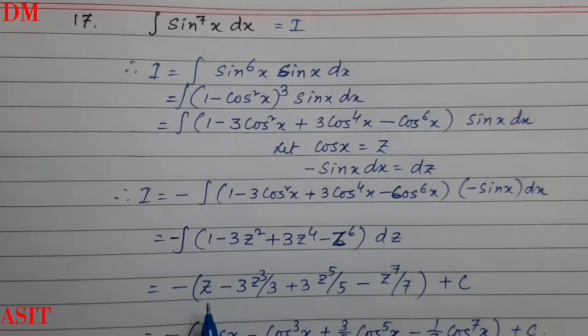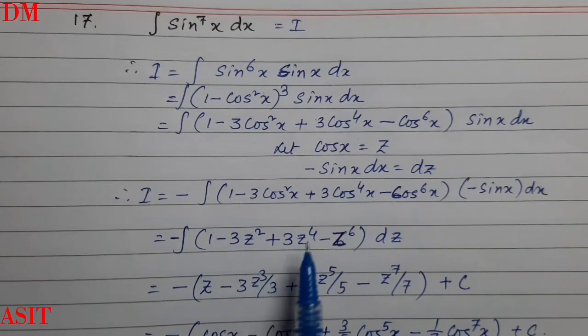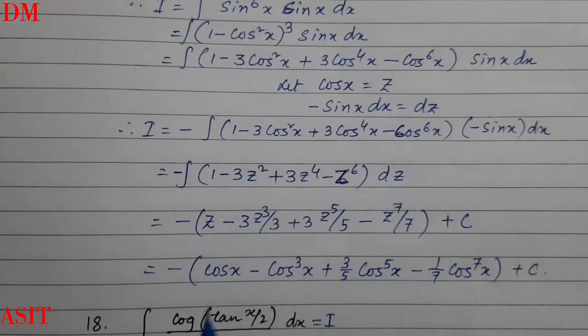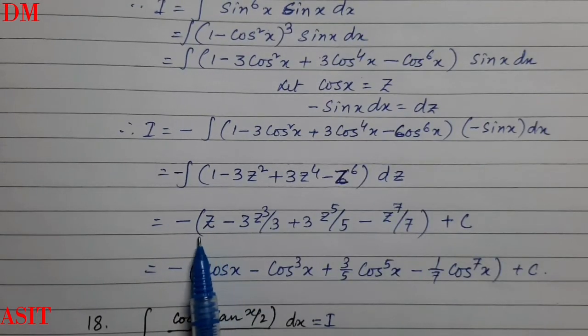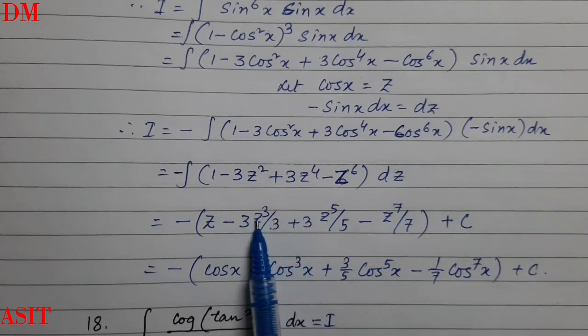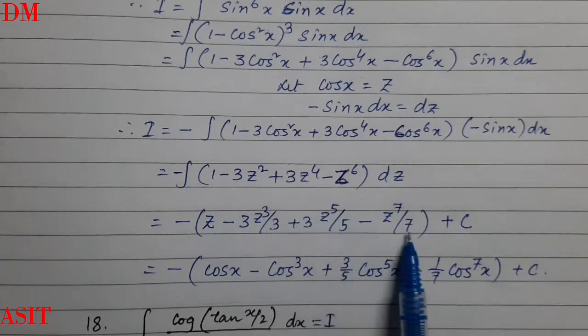The integration of 1 is z, then z cube by 3, z to the power 5 by 5, z to the power 7 by 7. Hence we write z as cos x. So therefore, cos x minus, the 3 cancelled out, cos cube x plus 3 by 5 cos to the power 5x minus 1 by 7 cos to the power 7x plus c.